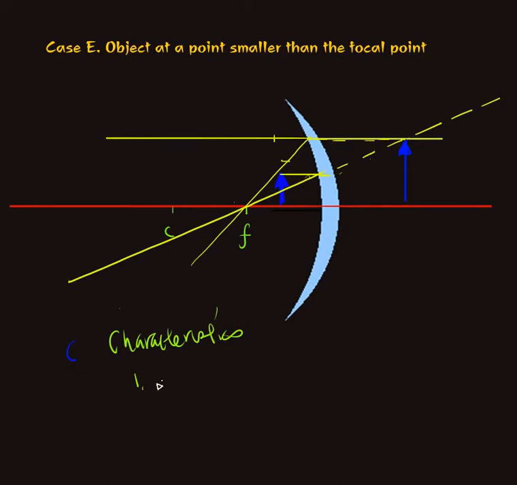Because the image is formed inside the mirror, there's no way you can measure its distance unless we use the focal length equation. This image is actually virtual because it's formed inside the mirror. Second is upward, or erect. I don't like that word, but that's okay. And the last one is bigger.